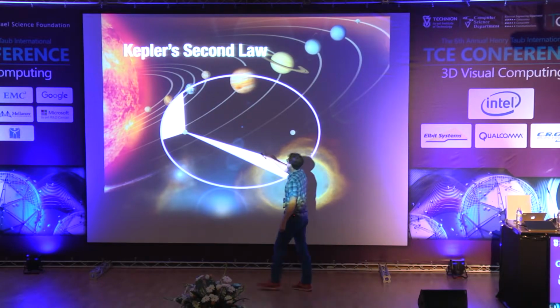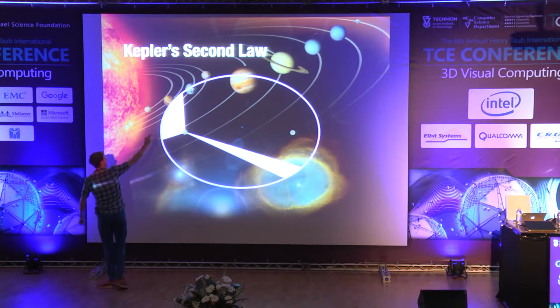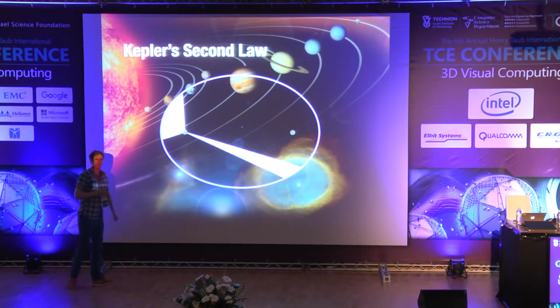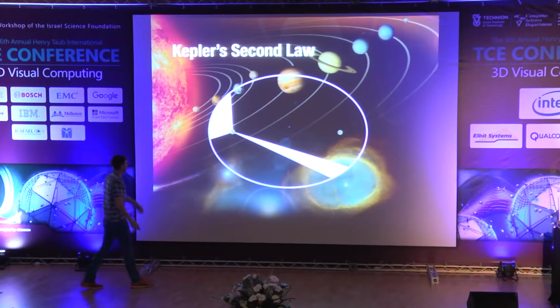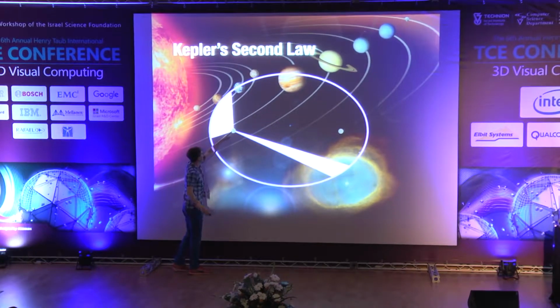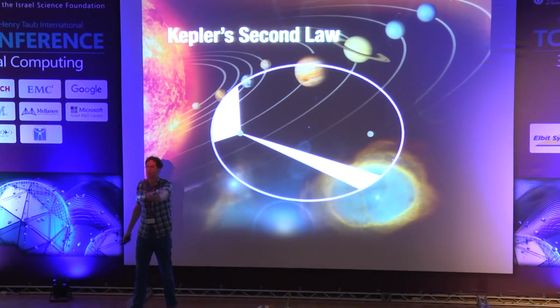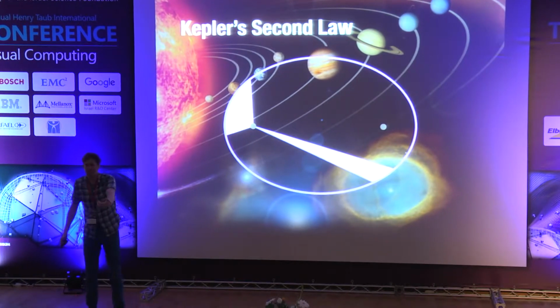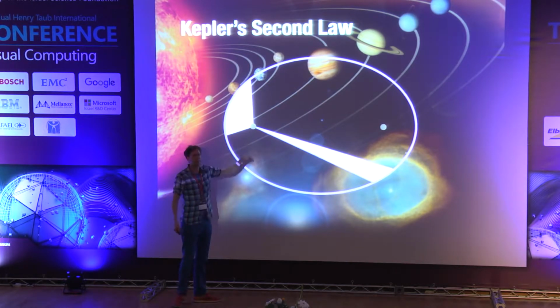If here is the sun, and the planet has an orbit that's elliptical, then Kepler said if you look at the planet at any instant, you have a radius from the sun to the planet, and you take out your watch and measure some interval in time, and the planet will trace out some pizza wedge.